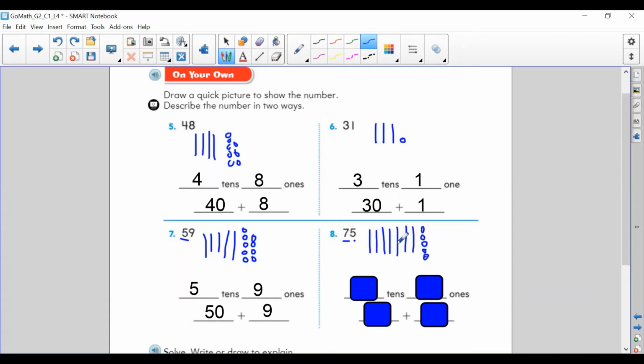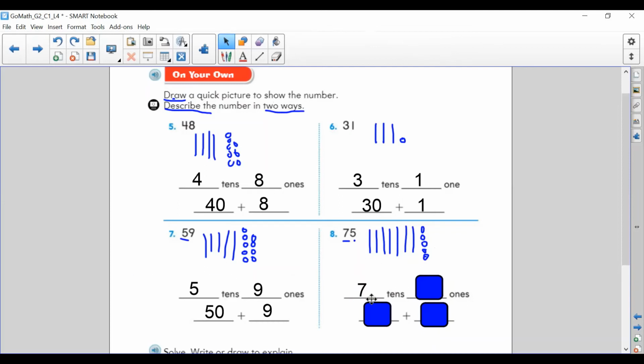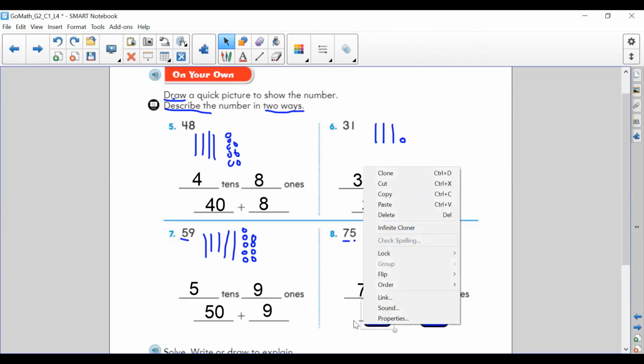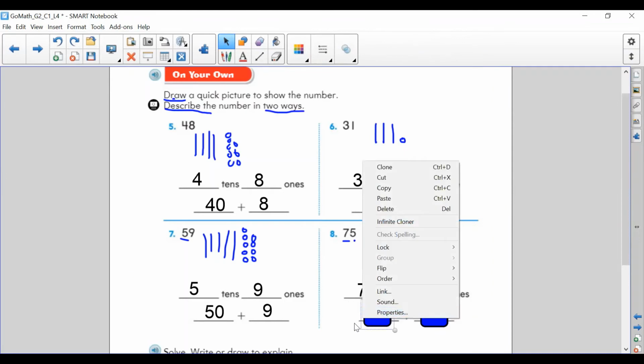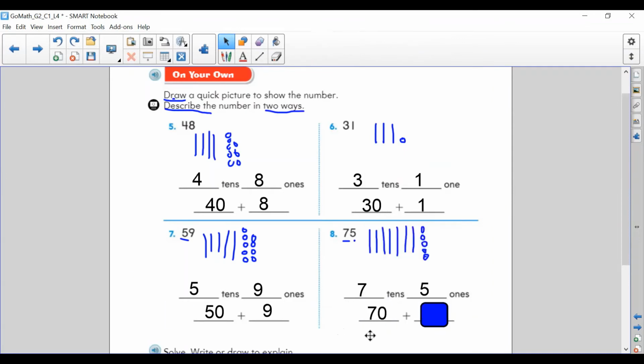Okay, so we have our drawing, because it does say we have to make sure that we draw. We have to make sure that we describe in 2 ways. So how many tens did we just draw? Well, we drew 7 tens. And how many ones did we draw? We drew 5. So the value of 7 tens, that means if you count by tens, 7 times you will have 70.